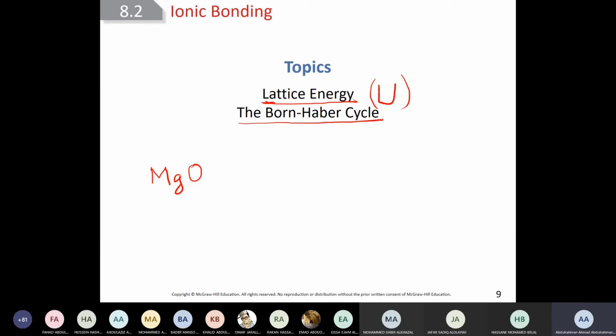Lattice energy is the energy required. So at the end, we're going to have delta H because it's energy. Delta H is enthalpy. Delta H for this reaction is the energy required, and delta H in this case equals U. It's the energy required to take a solid compound. So what should I write here?